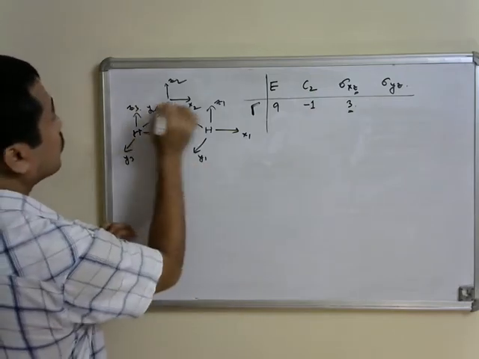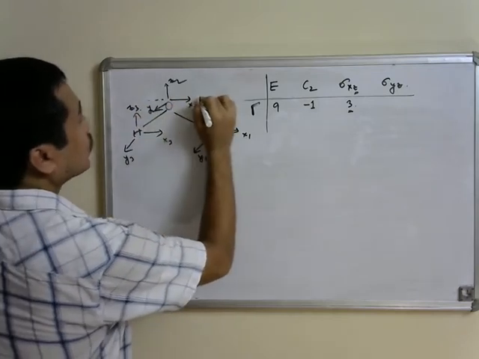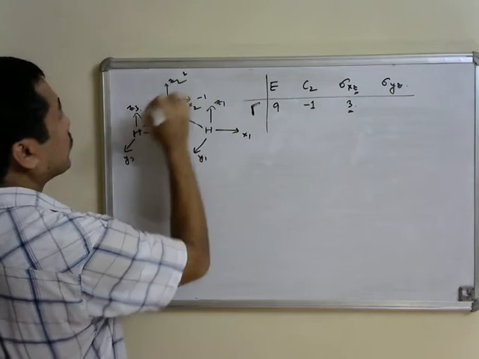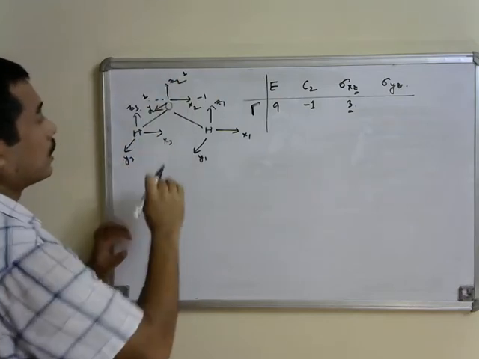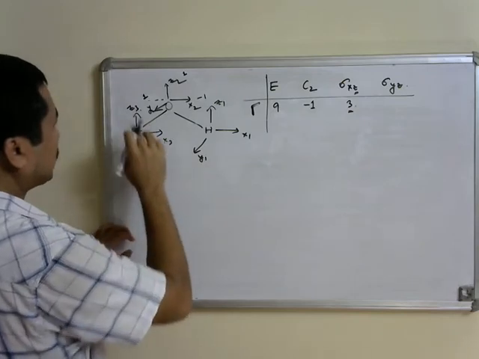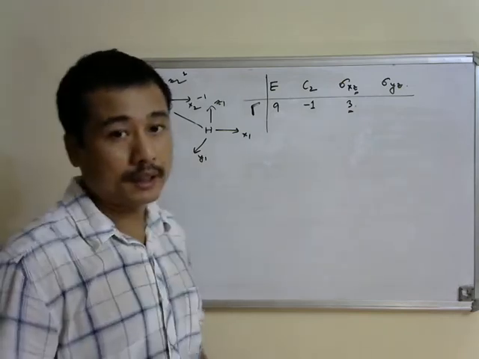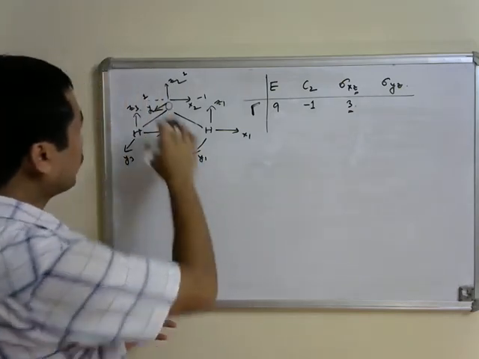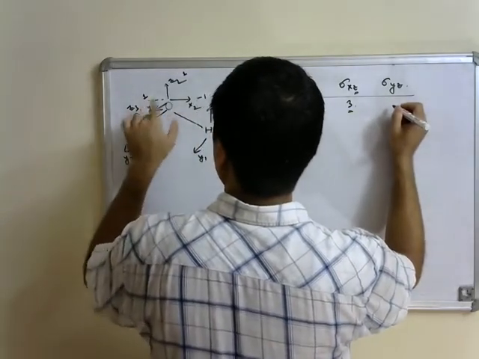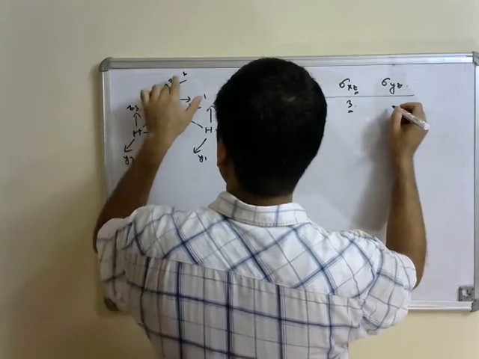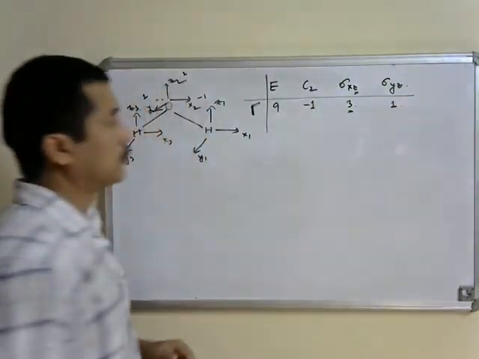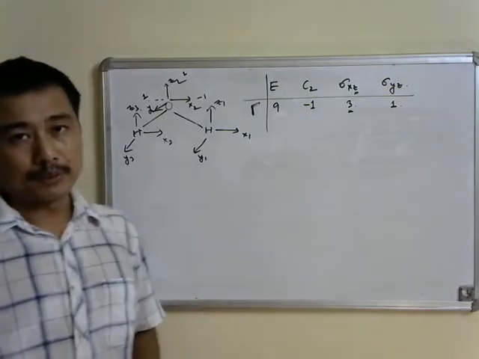X will go to minus x, so x2 will contribute minus 1, z2 will contribute plus 1, y2 will contribute plus 1, and all these x1, y1, z1 and x3, y3, z3 are going to contribute 0 to the character. So that is how we can easily write the character of the matrix. That is going to be equal to plus 1 from y and z and minus 1 from x. So the total character is going to be equal to plus 1 over here.